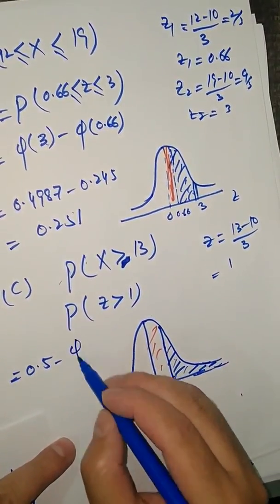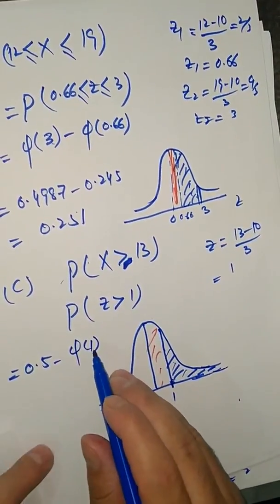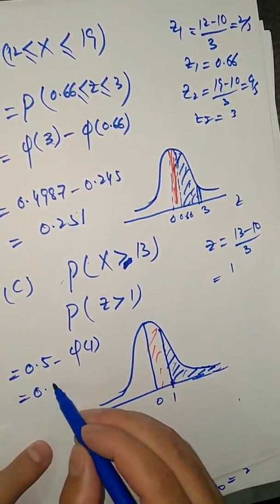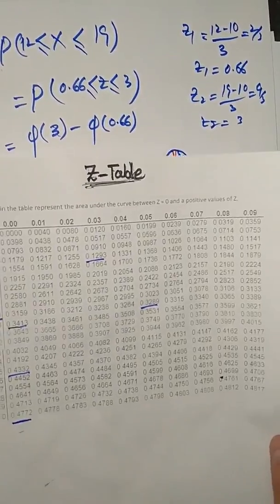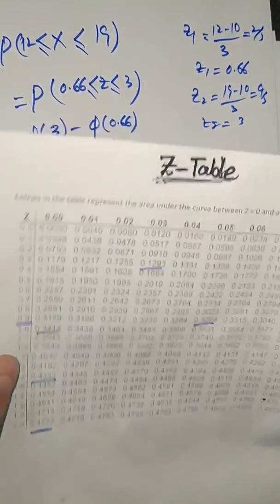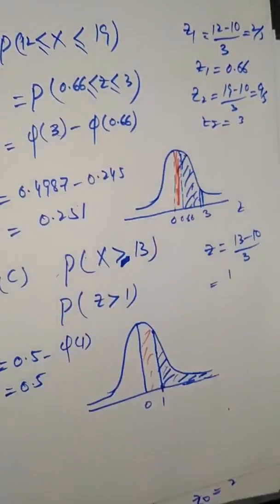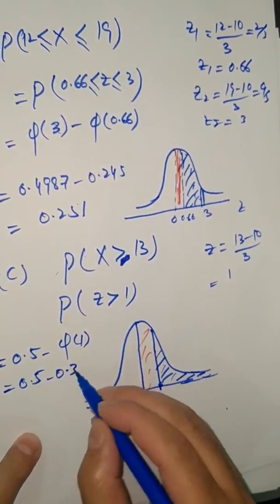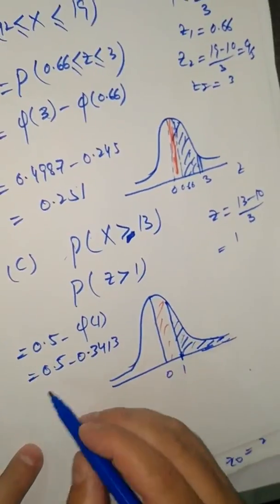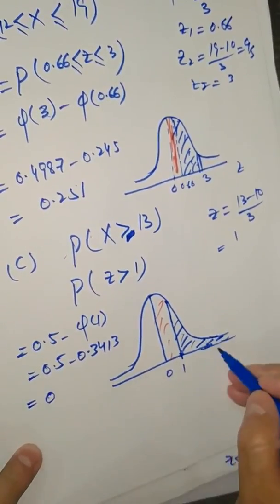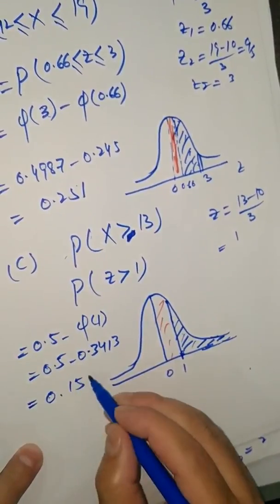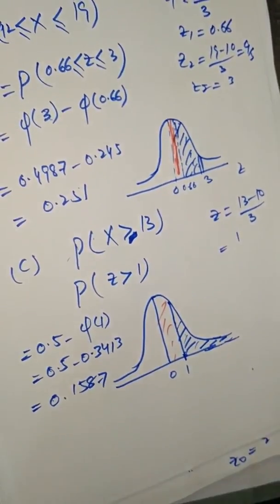Here 0.5 minus the value when z is equal to 1. Again I will follow this table. For z equal to 1, its value is 0.3413. So I will get the probability in this region as 0.1587.